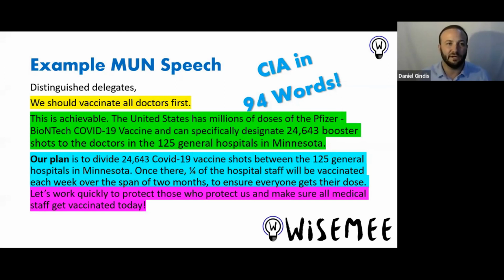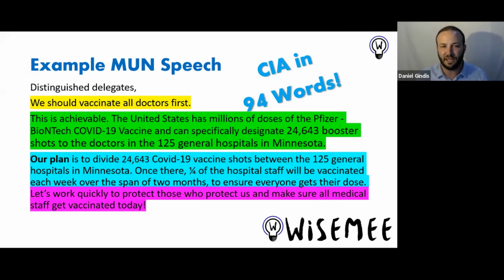I've seen many great speeches that cover these, get the essential information out, and bring even more useful information that strengthens the speech and the position. If we look at the speech highlighted here, we see, first of all, the clash: we should vaccinate all doctors first. Then 2 sentences that have unique, specific numbers, which we understand. Someone researched how many doctors there are in the state of Minnesota and how many general hospitals.